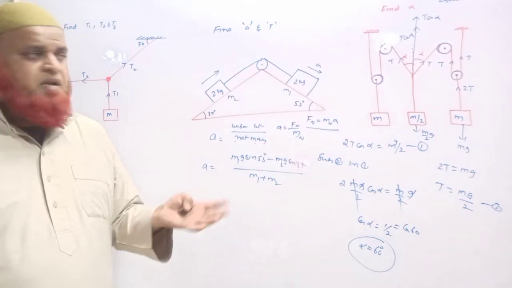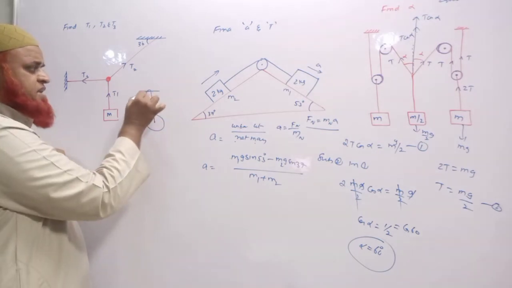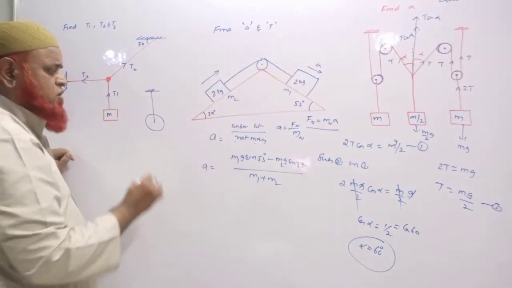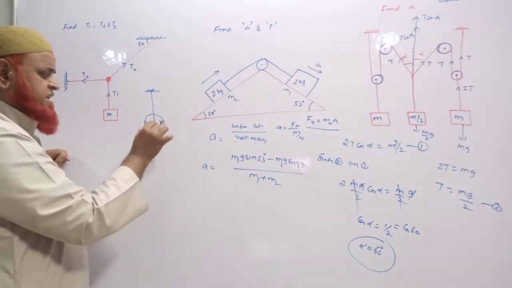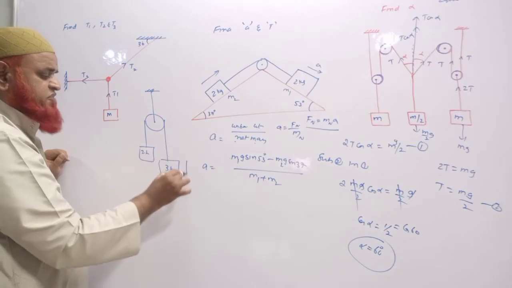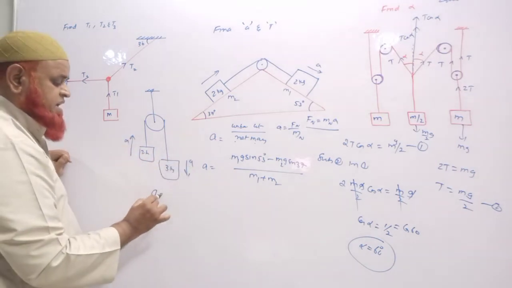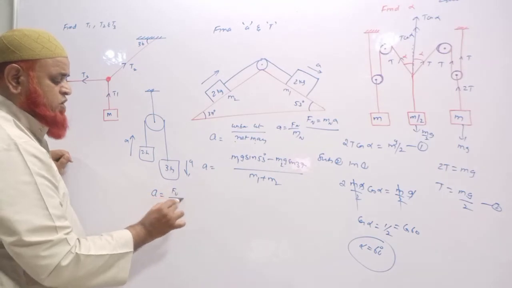Is it clear? For example, if it was a pulley like this, as these are inclined now, if the pulley is present here in such a way that this is 3 kg and this is 2 kg, definitely this will go down, this will move up. At that time you can also write a is equal to unbalanced force by net mass.